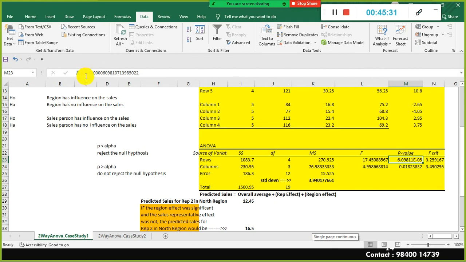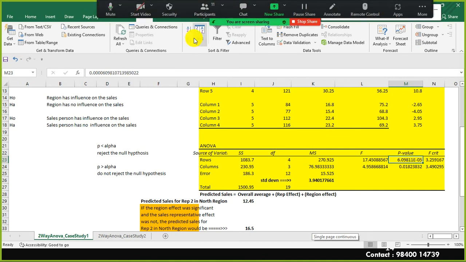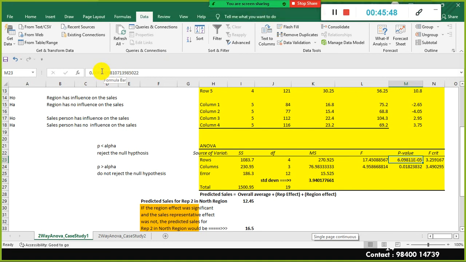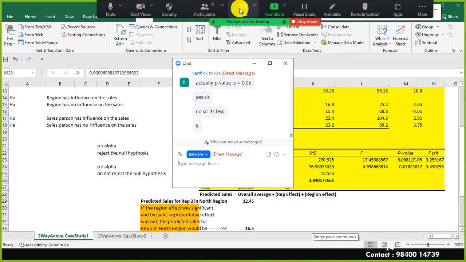If it is 5, put 4 zeros here, simple. 0.0004, then the rest of the value, 609, put it here. Is that simple? If it is E minus 7, how many zeros do you need to prefix? Yes, if it is 7, 6 zeros. Aruna, 6 zeros. Very good.